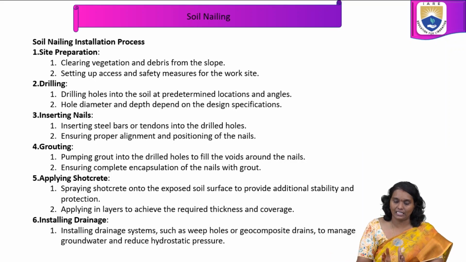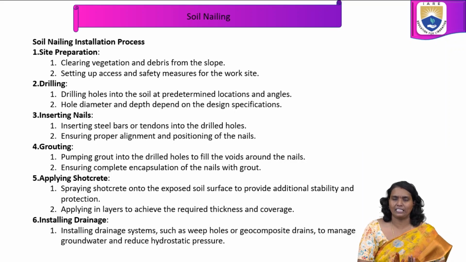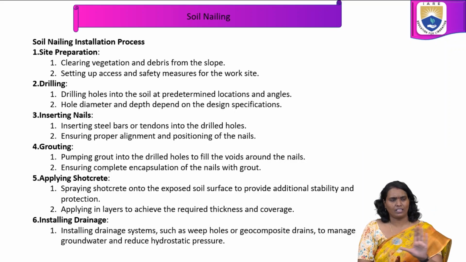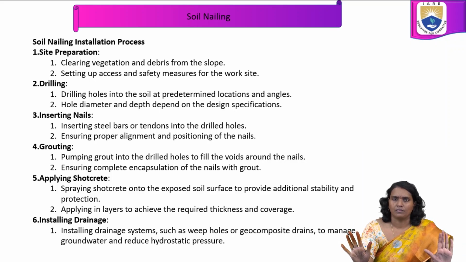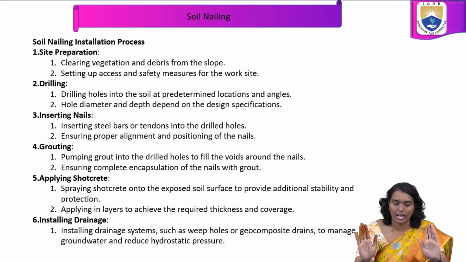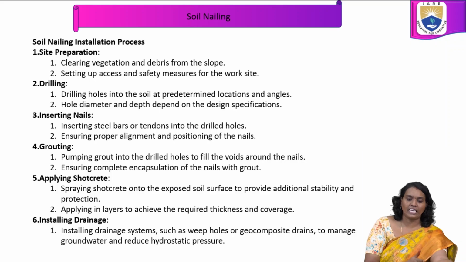Already we considered the design considerations, and according to that we designed the soil nailing type, length and everything, so we ensure alignment and positioning when inserting the nails. The next process is grouting.